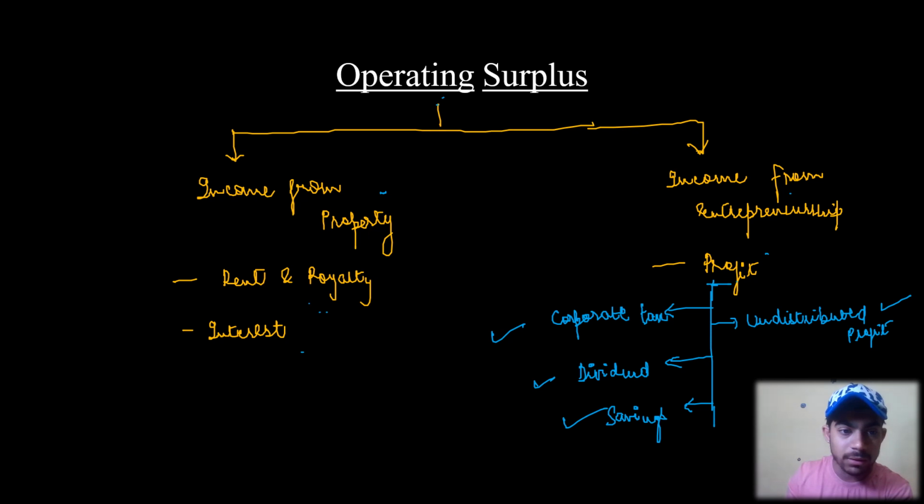So if you write the formula of operating surplus, it's rent plus royalty plus interest plus profit.